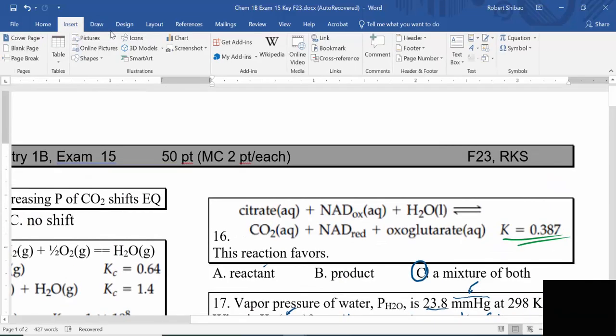K is 0.387. If you're going to reset this one, which direction would you reset it? This one I'd probably reset to the left. But when you have a 0.387, it's not really going to be as much benefit as it would be in the previous problem.